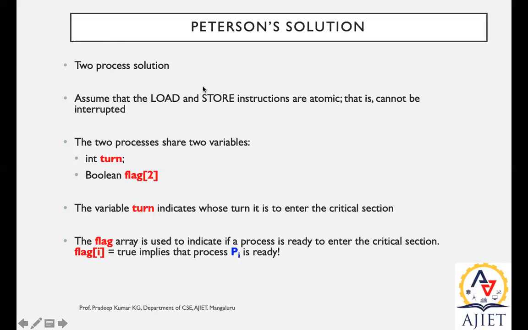Now consider a situation where load and store are atomic, that is, there is no interruption between these two. Treat them as a single instruction, which means it is atomic: you cannot divide it, cannot separate load and store, and it cannot be interrupted.